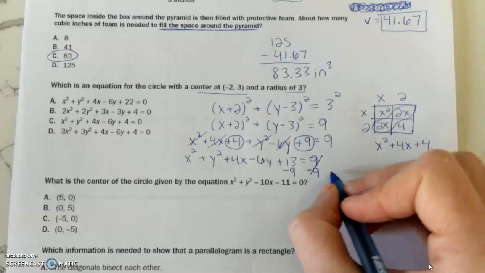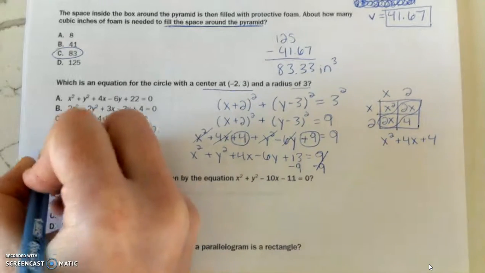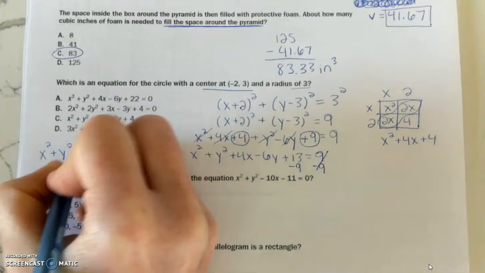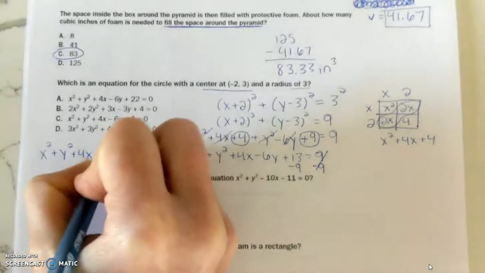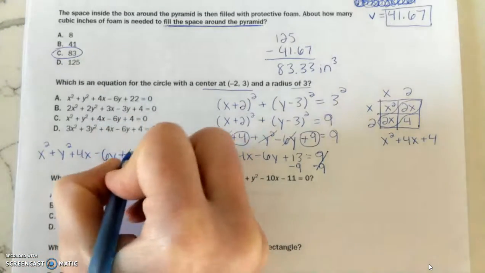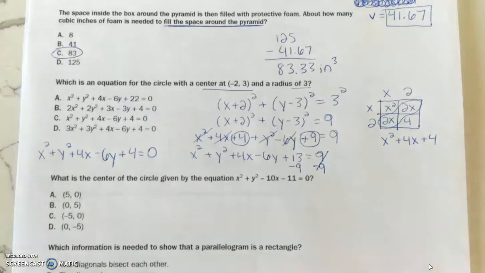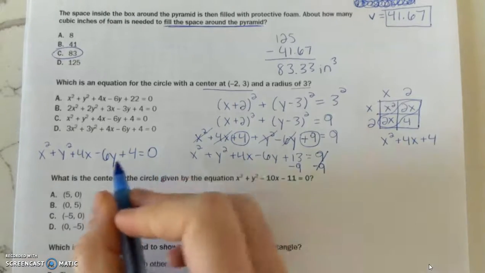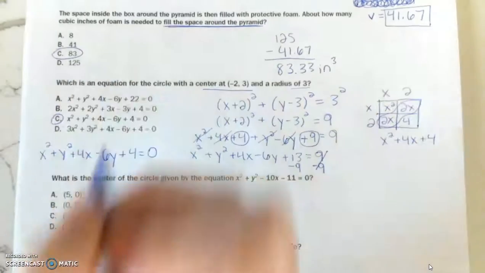All right, so my final equation, I'll put it over here, it's going to be x squared plus y squared plus 4x minus 6y plus 4 equals 0. Which would be answer choice C. All right, great work.